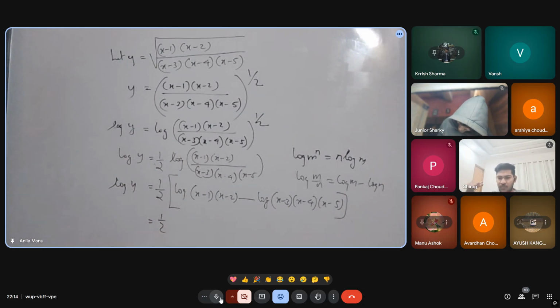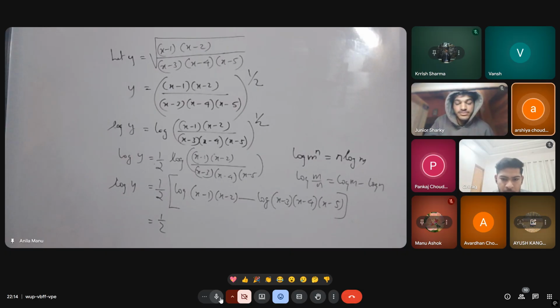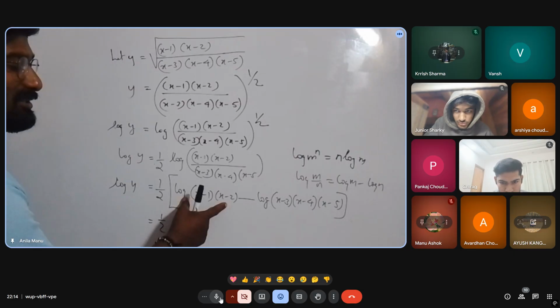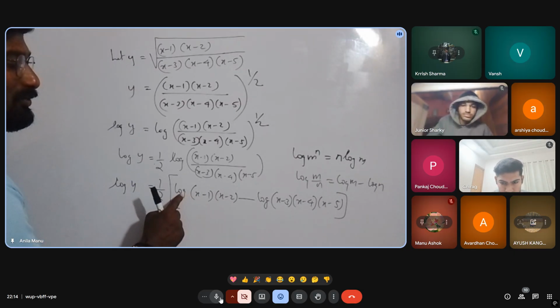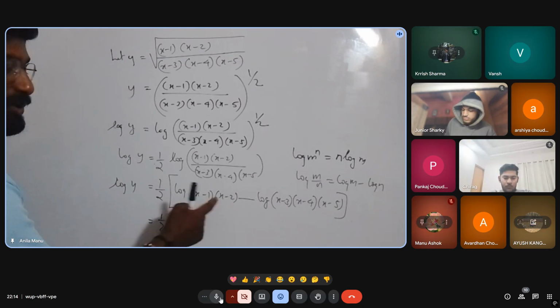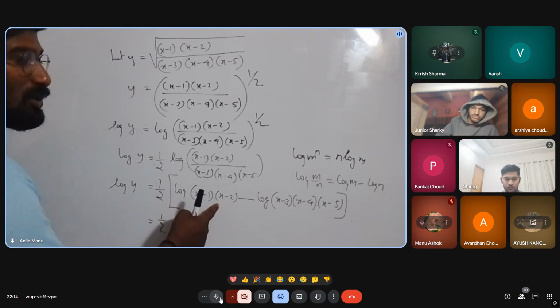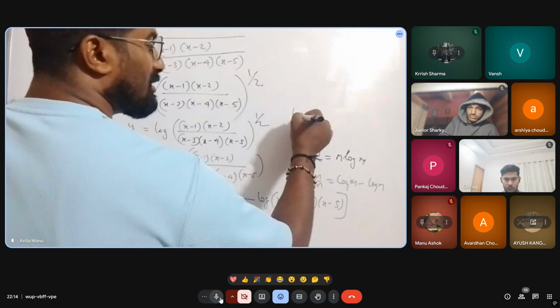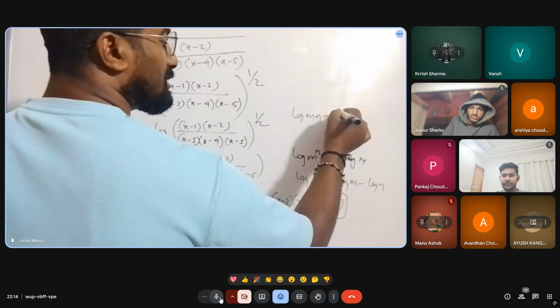Can you tell me what will be the next step to solve this? Very good. When you see the first part, here you can see log of something into something, right? x minus 1 into x minus 2. So log of a product of 2. So log of a product we can solve by log m into n. How to write?